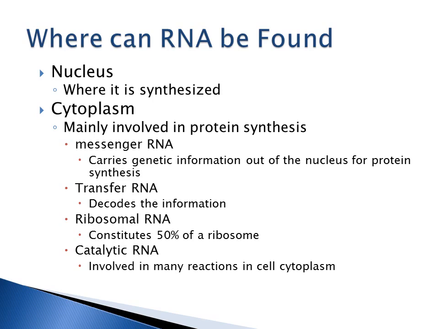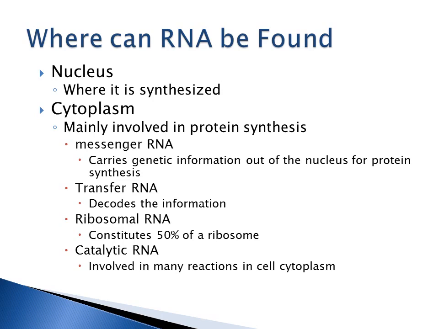Where can we find RNA? Well, it's synthesized inside the nucleus where the DNA is. You need your DNA in order to synthesize your RNA, and the DNA is found in the nucleus. Then your RNA moves out into the cytoplasm, and that's where proteins are going to be made. You have your messenger RNA, which carries that genetic information based on the DNA out of the nucleus.